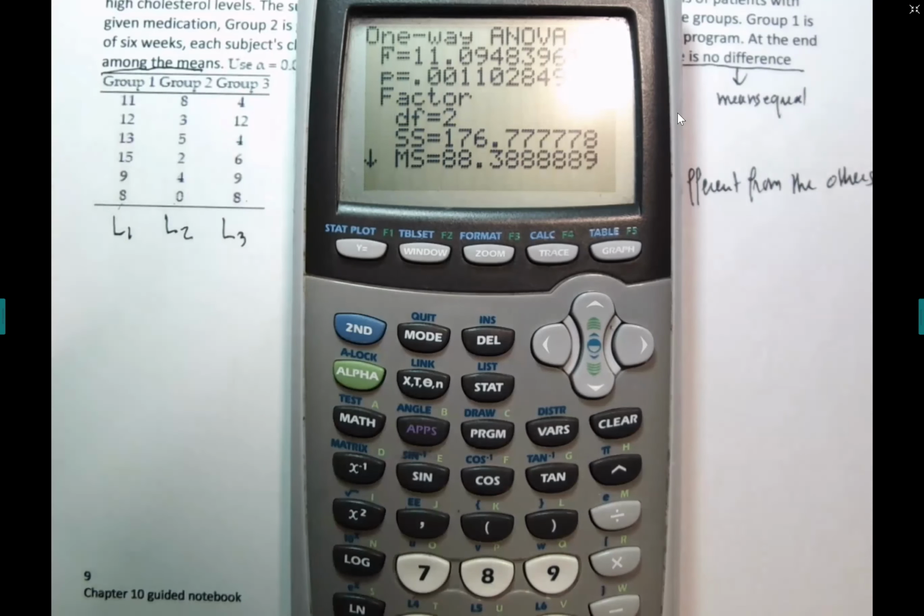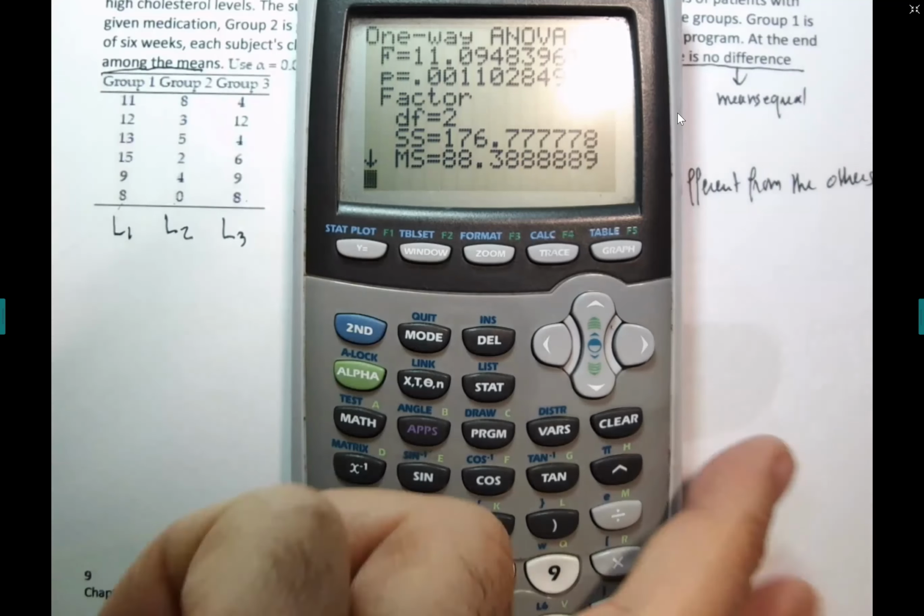Okay, all you need, guys, is the first 2 values: F, which is the test statistic, and the p-value. So let me write them down.